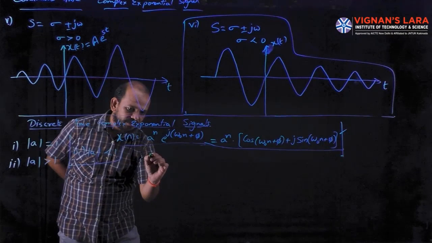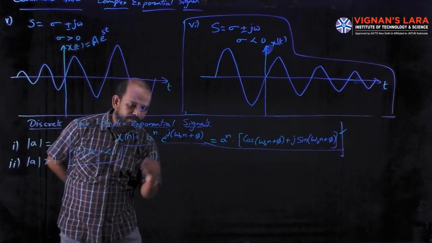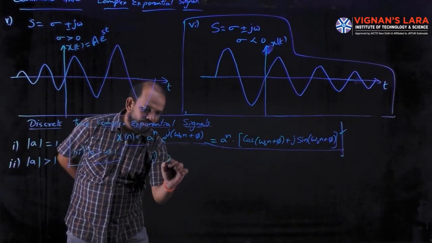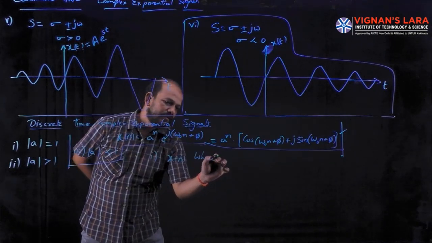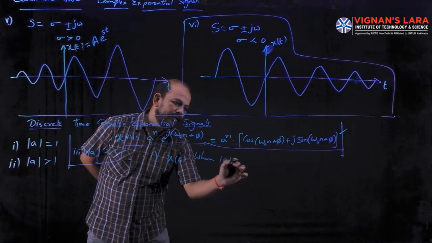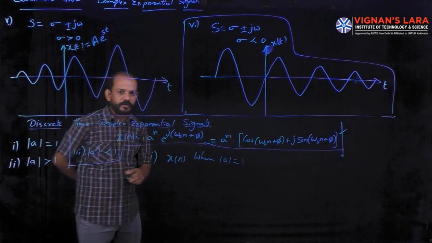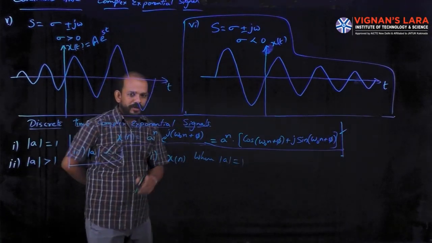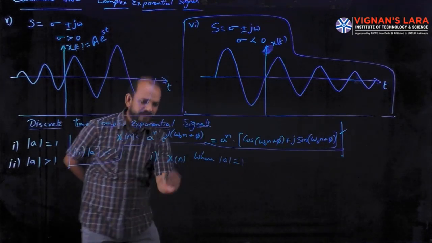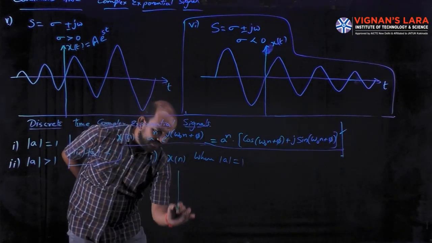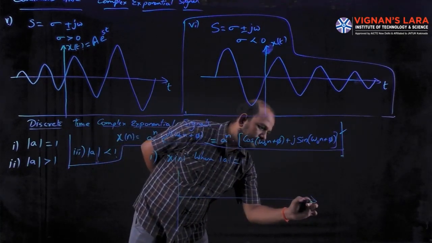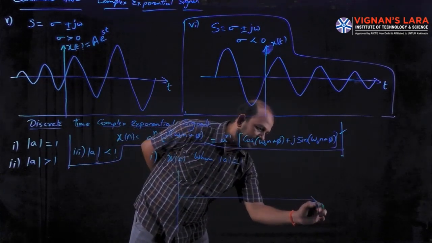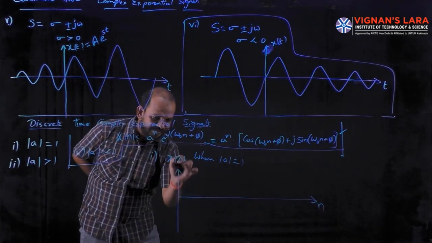So I will go for this one, the first case of x of n where mod a equals 1. We have to draw the waveform for this one. Simply I can draw the waveform like this. Treat this as n and this as x of n.